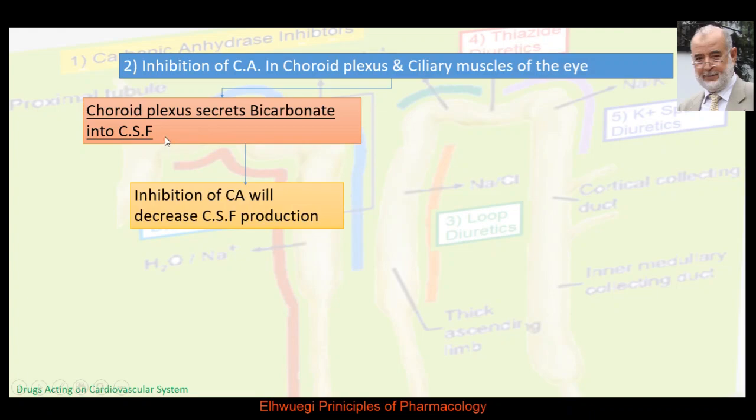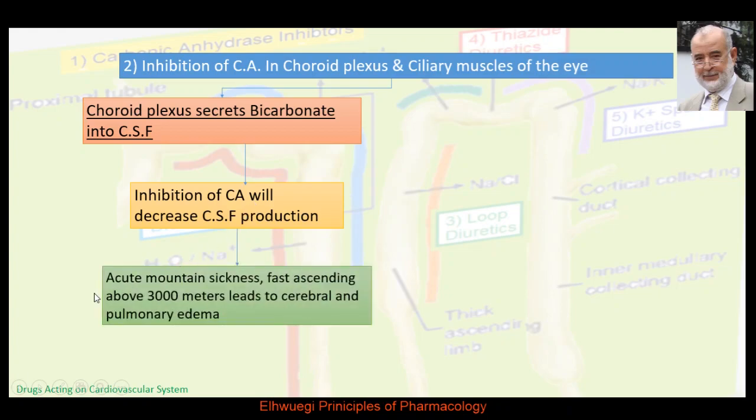So what will happen if we inhibit carbonic anhydrase? We inhibit the secretion of bicarbonate into the cerebrospinal fluid, and this will result in a decrease in cerebrospinal fluid production. This is applied clinically in cases of acute mountain sickness.